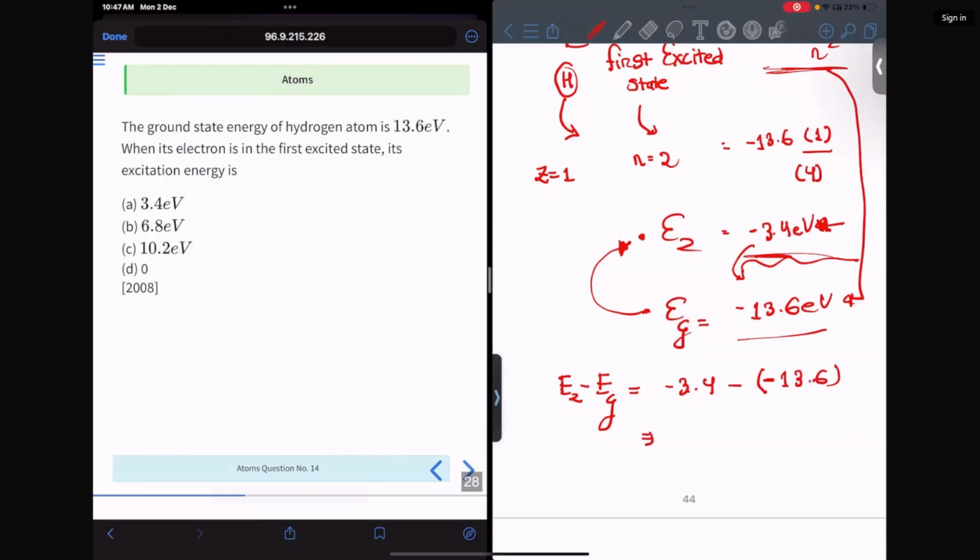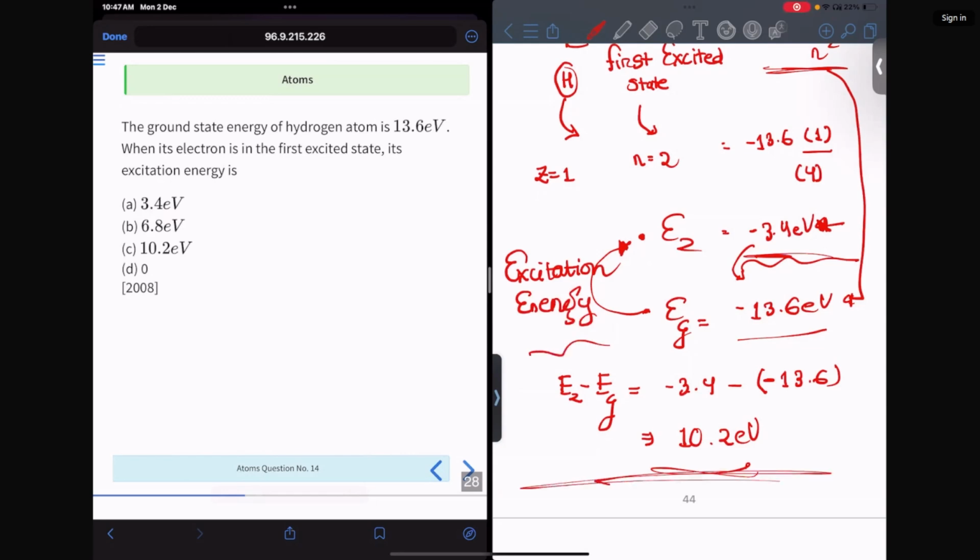So 13.6 minus 3.4 will be equal to 10.2 electron volt. This will be the excitation energy required to move an electron from the ground state to the first excited state. I hope you understood. Answer will be 10.2 electron volts.